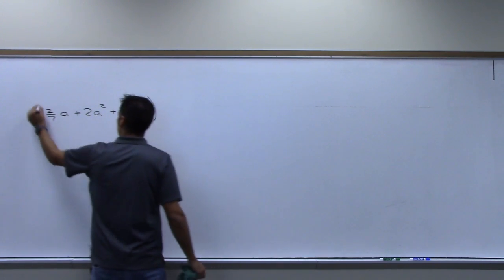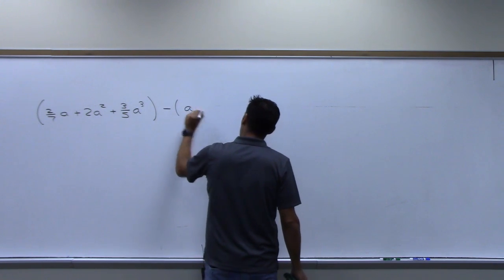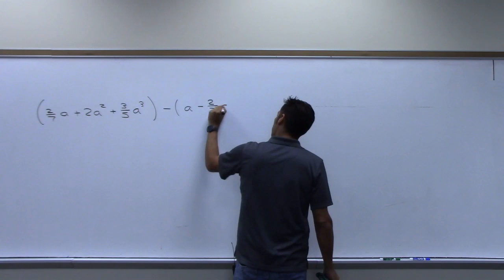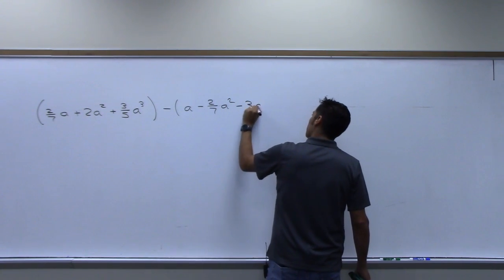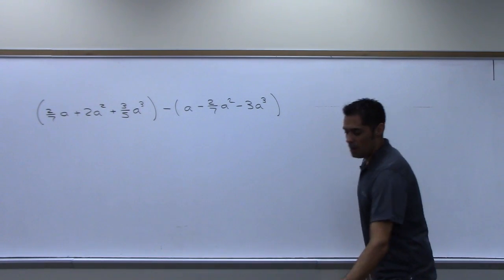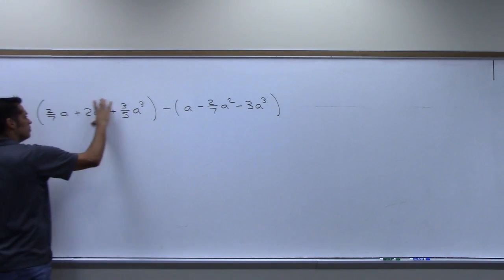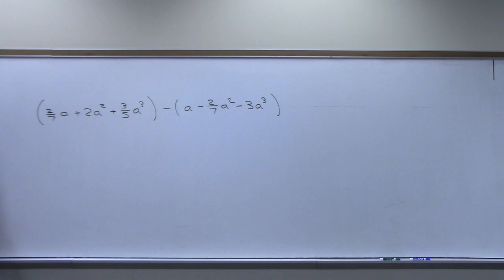That's all in parentheses. Minus another parentheses, a minus 2/7 a squared minus 3a cubed. All right. I have this big polynomial right here, and I have this one over here, and I want to subtract the two.